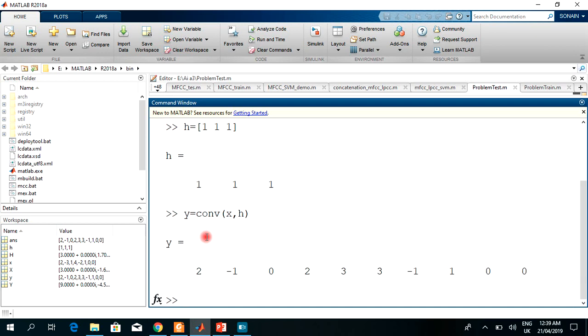Now I want to apply the FFT and then see how convolution in time domain is multiplication in frequency domain. I am going to prove it to you.